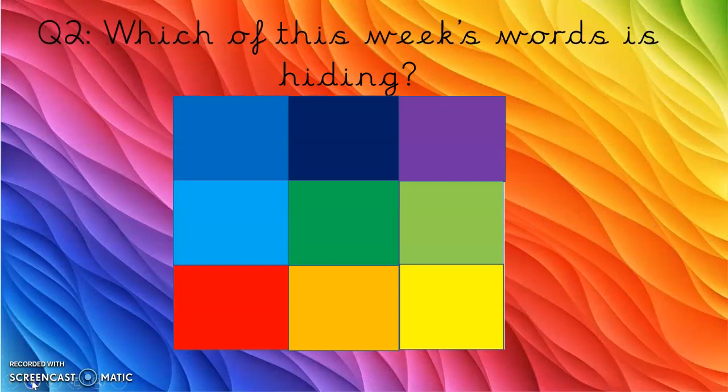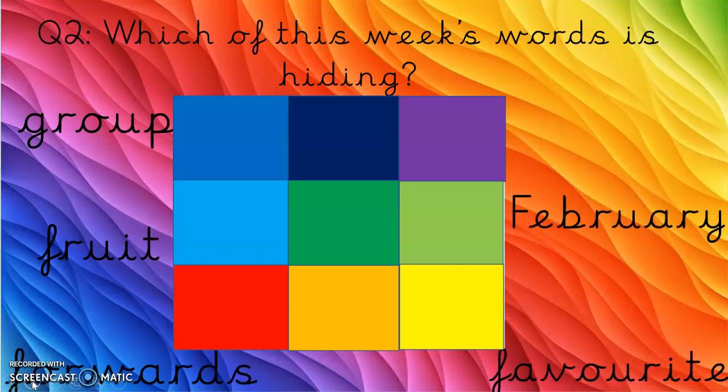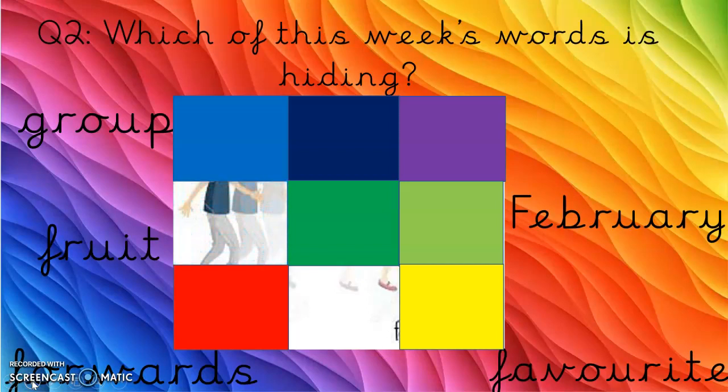Okay, question 2. Which of this week's words is hiding this time? Is it group, fruit, forwards, February, or favourite? Let's see what clue we're given. Ooh, not much clue there. Other side. People walking.